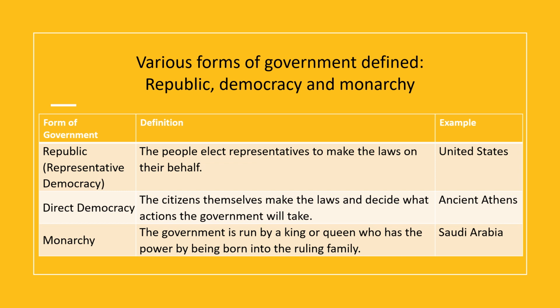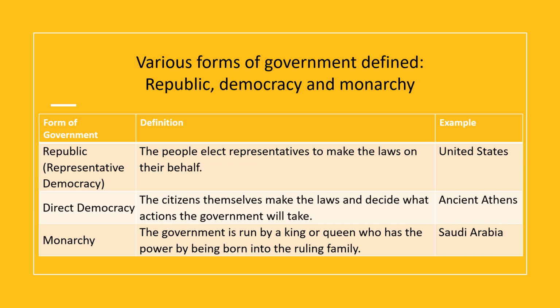So if we understand democracy to be ruled by the people, in a republic or a representative democracy, the people rule themselves based on the people that they choose to represent them in the governing process. This approach to governing is practiced in the United States.